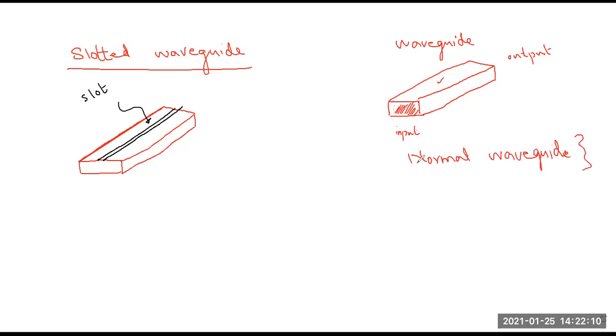So in normal waveguide, you don't have any slot or any opening, but now once we have slot, in other words, there is one window at the top of the waveguide, and now I can put some measuring device inside this slot, and with the help of that measuring device we can find out the magnitude of the electric field at different points along this waveguide.